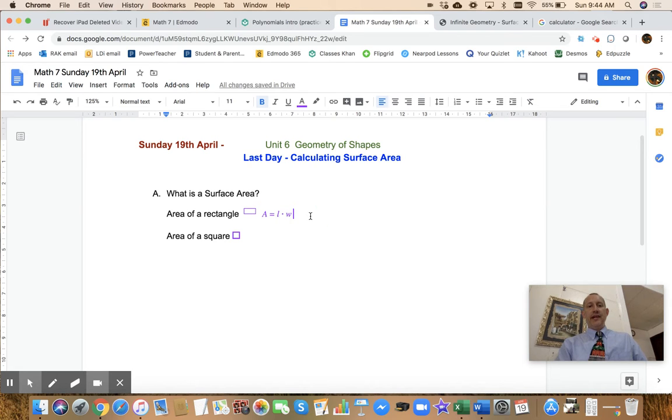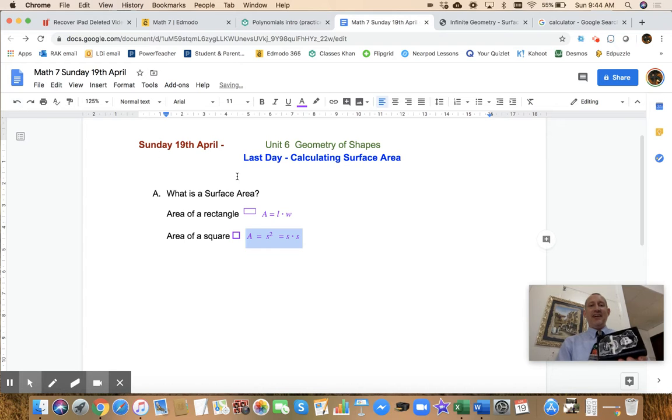And we can calculate that. If this length was 6 and the width was 4, then the area would be 6 times 4, which is 24 centimeters squared.